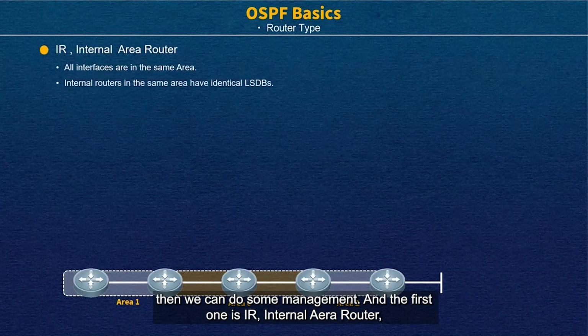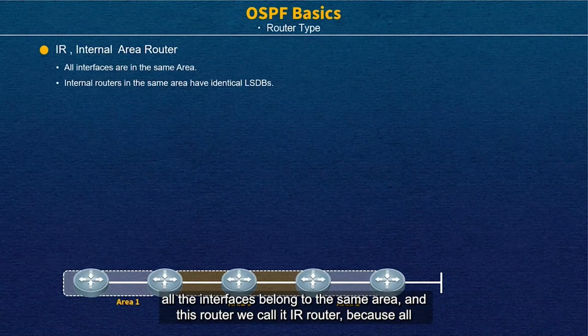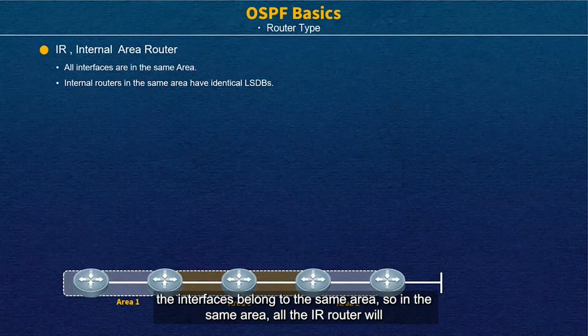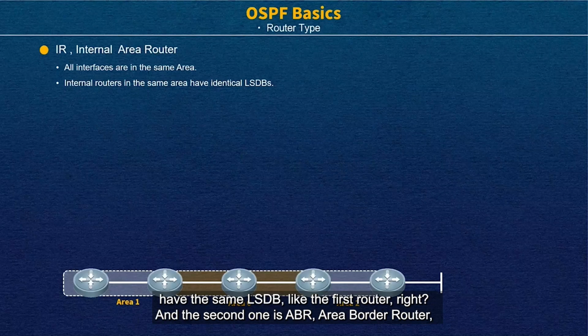All the interfaces belong to the same area, and this router we call an IR router because all the interfaces belong to the same area. So in the same area, all the IR routers will have the same LSDB, like the first router, right?